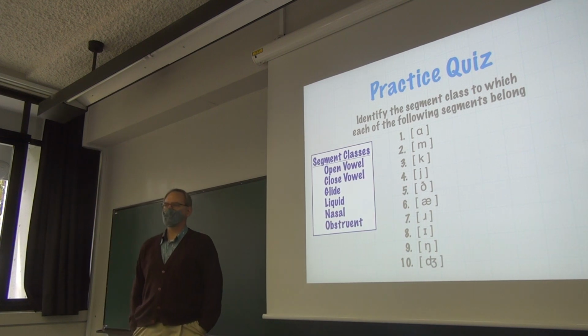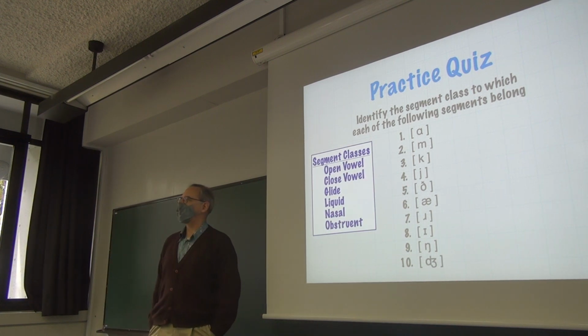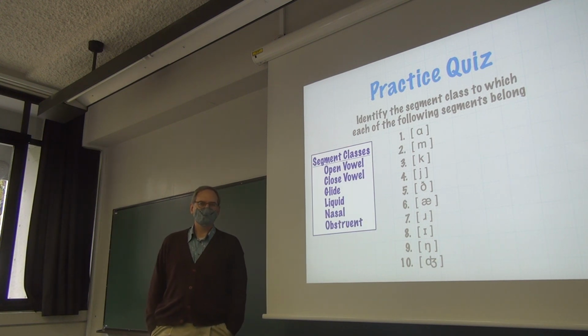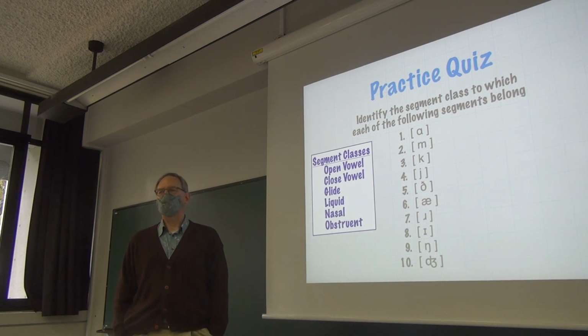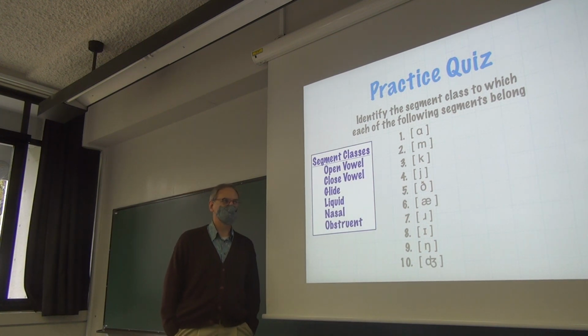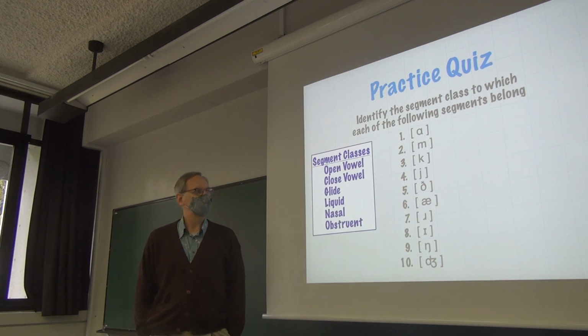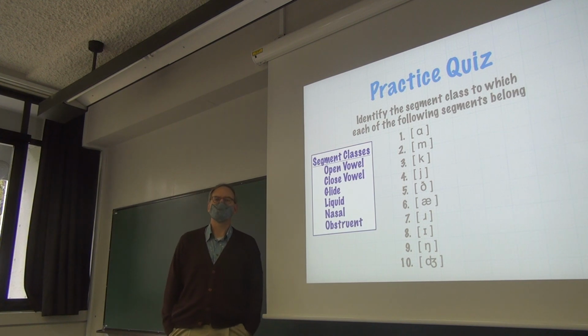Let me just read each one aloud. Number 1 is ah. Number 2 is. Number 3 is k. Number 4 is y. Number 5 is z.